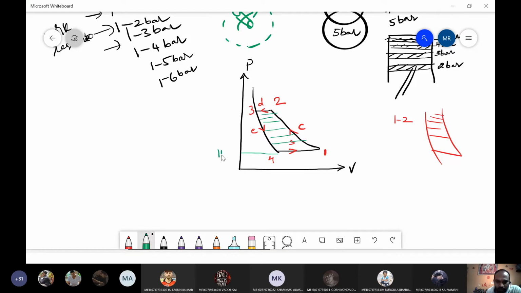Now this is my 1 bar pressure. This is my 5 bar pressure. In between, I may have 2 bar, 3 bar, and 4 bar pressure. Now tell me, with respect to increase in the delivery pressure, what about the discharge of the air?